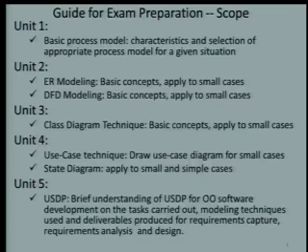And as I said earlier, I will not have any question on activity and sequence diagrams. I will not have any question asking you to draw activity and sequence diagrams. The objective of introducing you to activity and sequence diagrams is to help you have a brief understanding of USDP, how USDP is carried out.